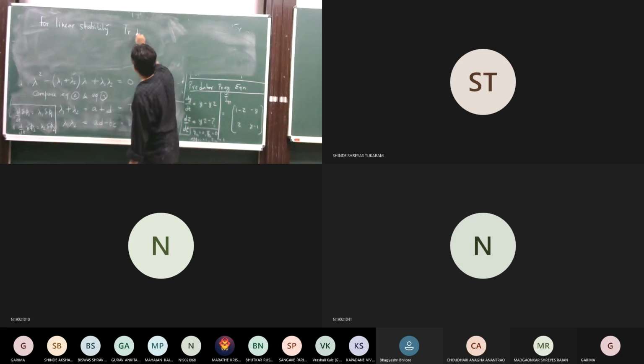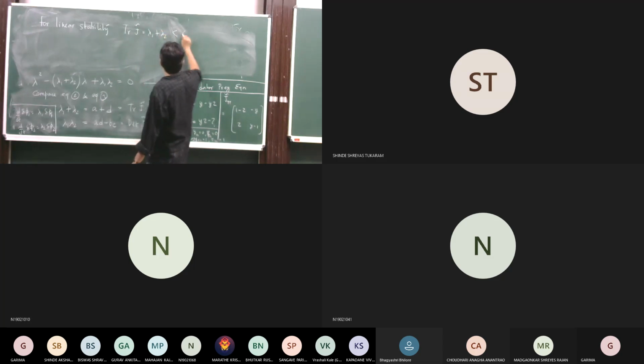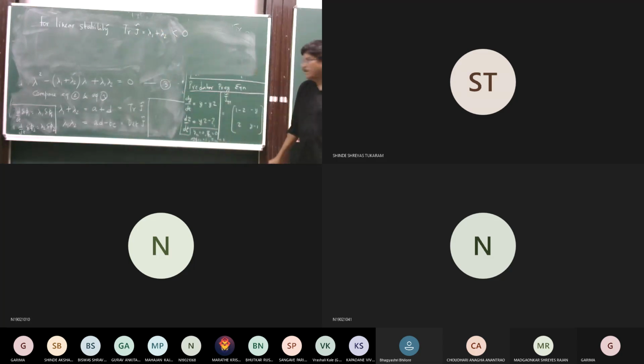That means the trace of this matrix J, which is nothing but lambda 1 plus lambda 2, has to be less than 0. Okay.